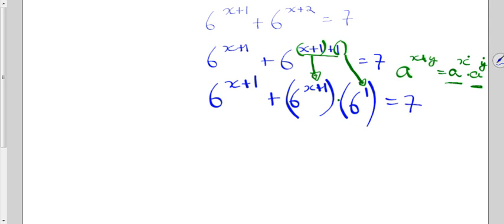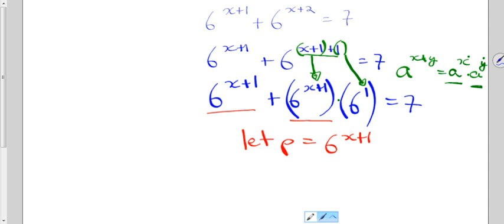Now, because both of these expressions have the same term in them, I could let a variable, let's say, let p equal 6 to the x plus 1.